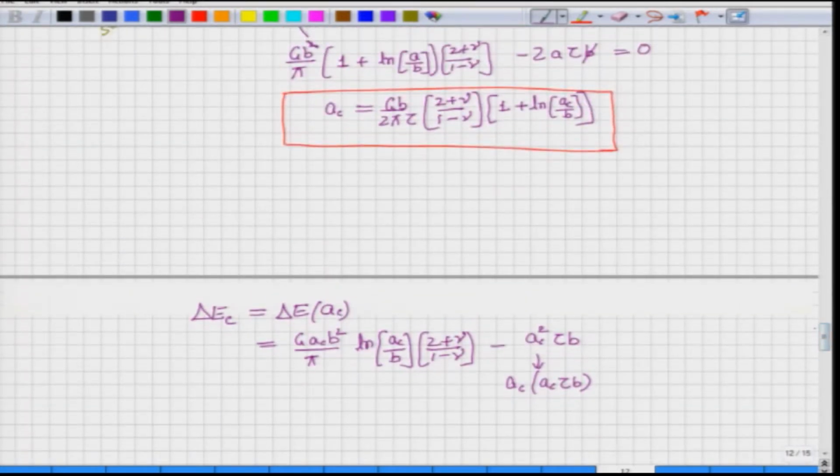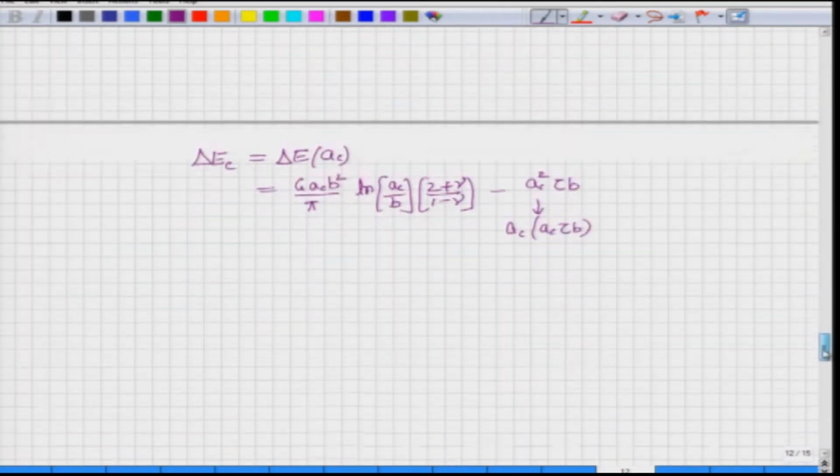If you go back over here, you will see that this is AC, tau can be brought here, and if you multiply it by B, then there is a B square term over here. So, it becomes G B square by 2 pi times this term, which is very similar to this term, and that is where it makes our task easier.